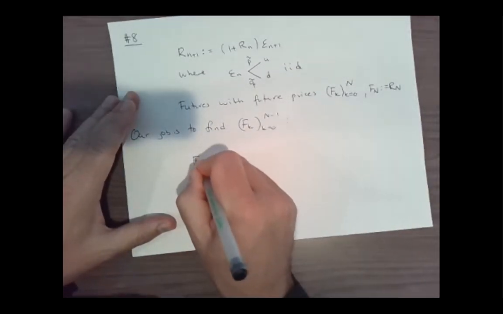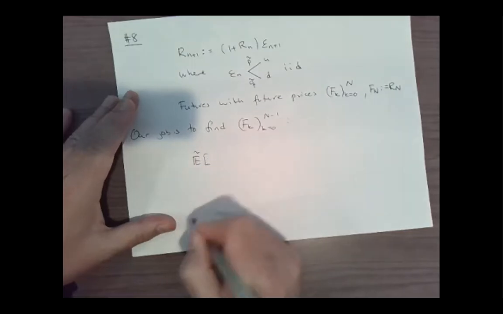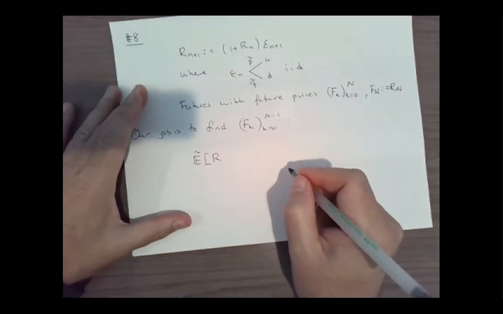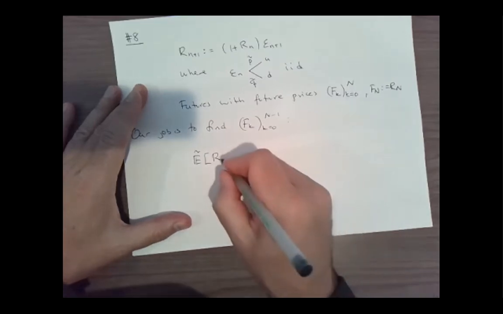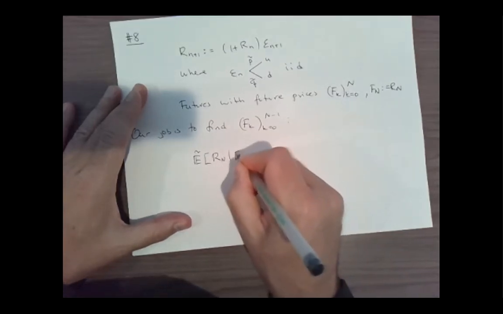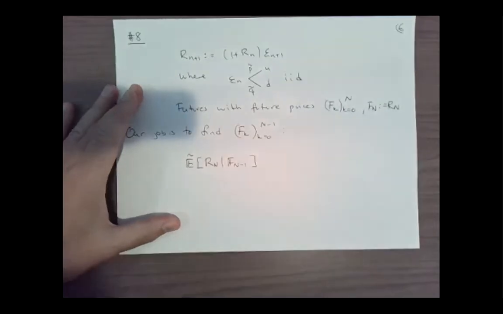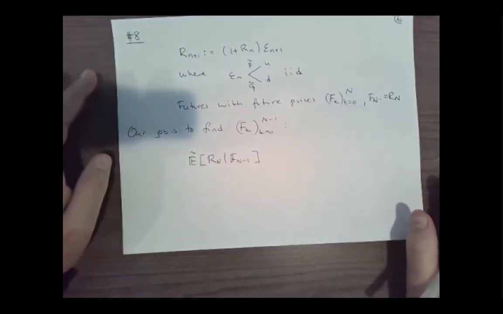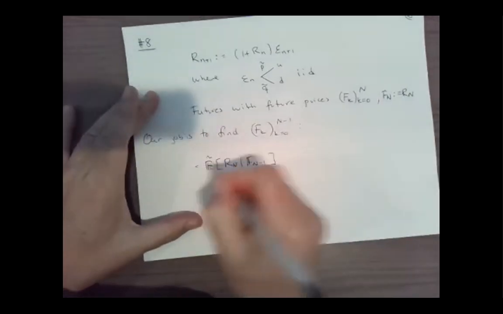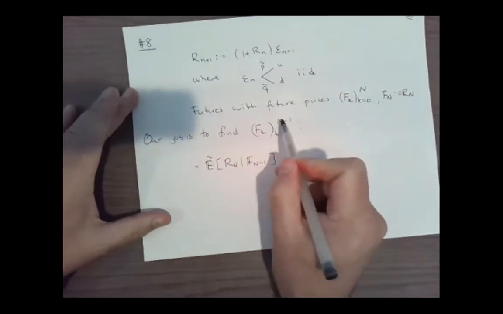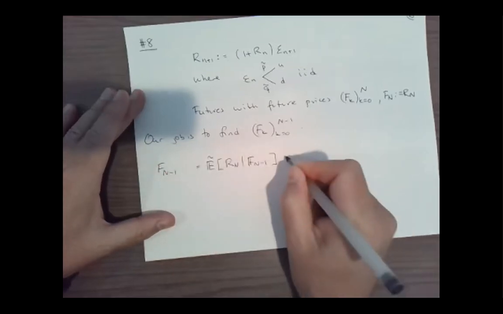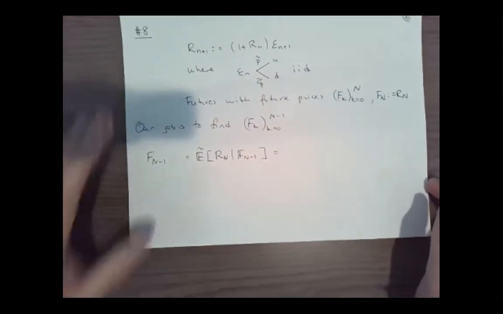We'll compute the conditional expectation of R_n given F_{n-1}. That's going to be the second last one, our F_{n-1}. So let's work out what this is.